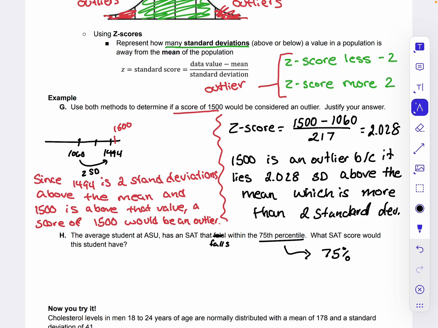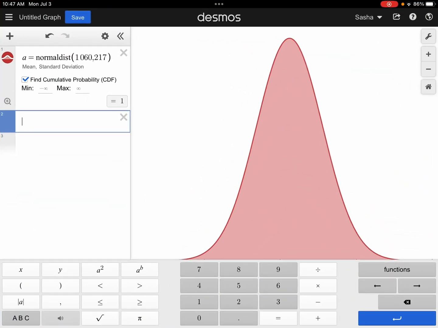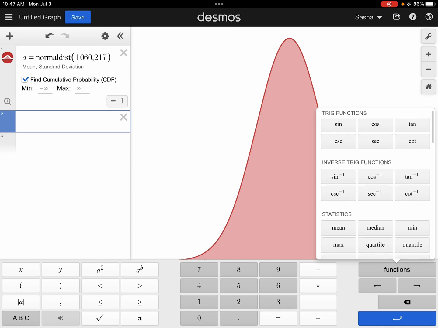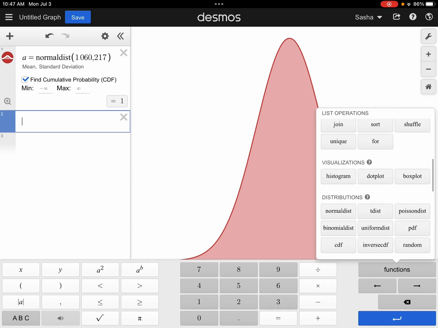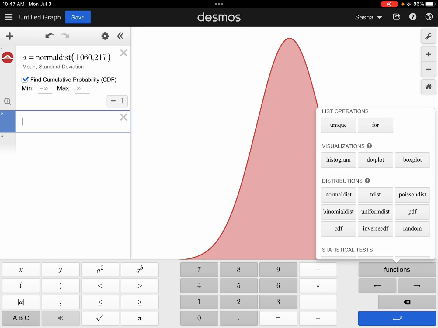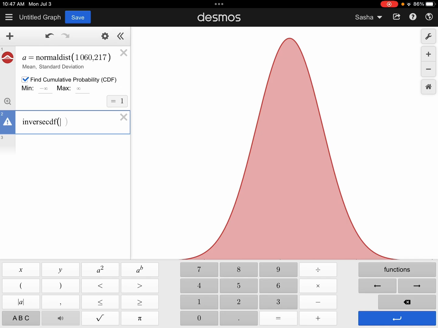If we go back to our Desmos graph, we're going to do a little bit of math. I could try and guess my way to a maximum score here, but that would be a little tedious. So I'm going to use one of my functions. If you go back down to the distributions, you're going to see something that says inverse CDF. If you remember the original problem, the cumulative probability, the CDF, was what gave us the percentage. So an inverse means we want to work backwards.